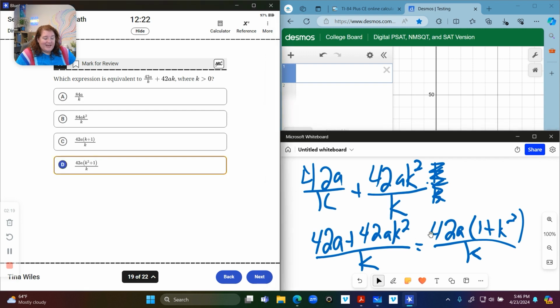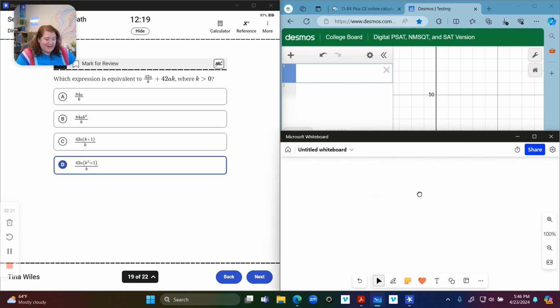Now, if you looked at that and you're like, there are all these variables, I have no idea what to do, it says k has to be greater than 0. So I could actually plug in a number for k and try solving it, okay? And in this case, if I plugged in 1, I'm going to get the same answer for all of the choices.